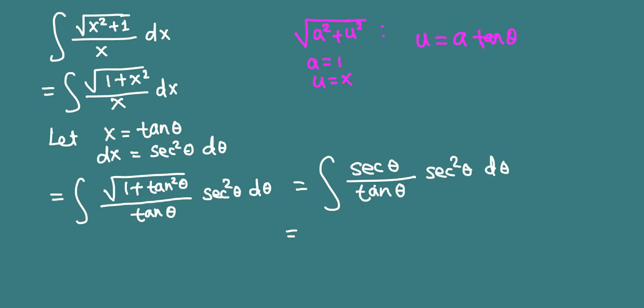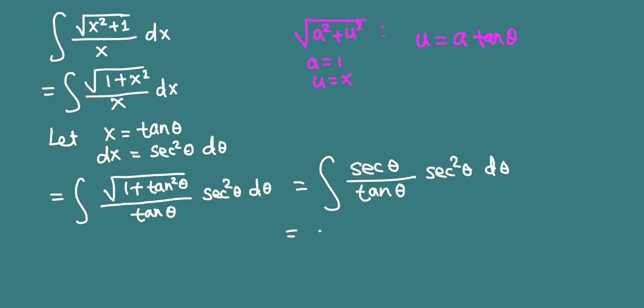We are more comfortable working with sine and cosine, so let's change everything in terms of sine and cosine, because secant is the reciprocal of cosine, 1 over cosine. Secant times secant, secant cubed on the top, is 1 over cosine cubed theta.